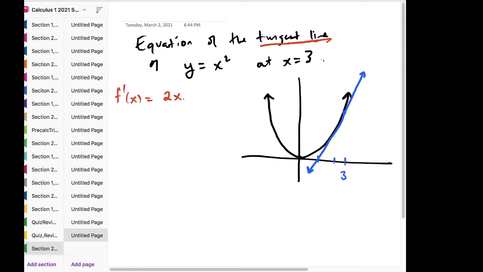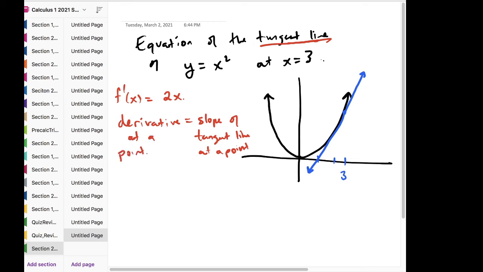What does the derivative tell you? Yeah, the derivative is the slope of the tangent line at a point. So derivative at a point, slope of the tangent line at a point.